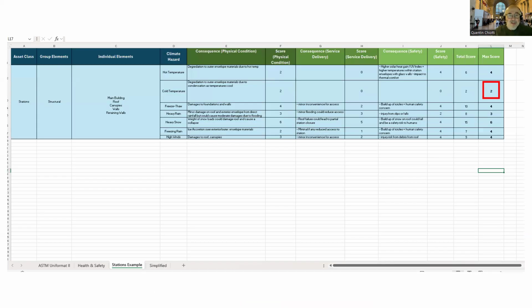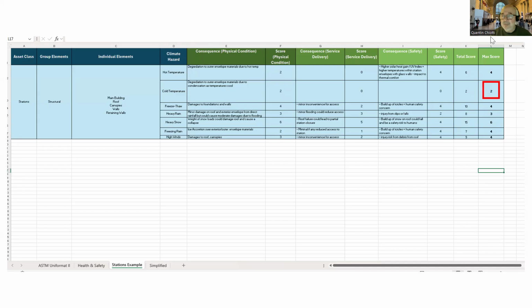So this is just an example using the ASTM method, as it was applied to an actual transit project. I want to be very clear: I have altered these numbers somewhat from the real world case.